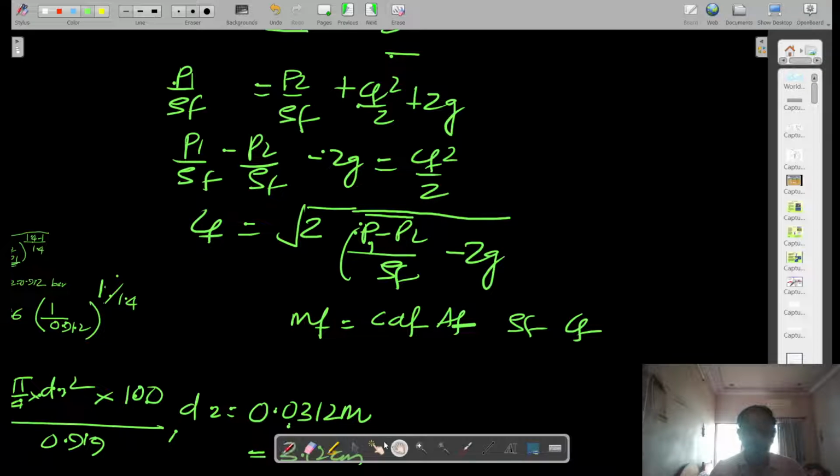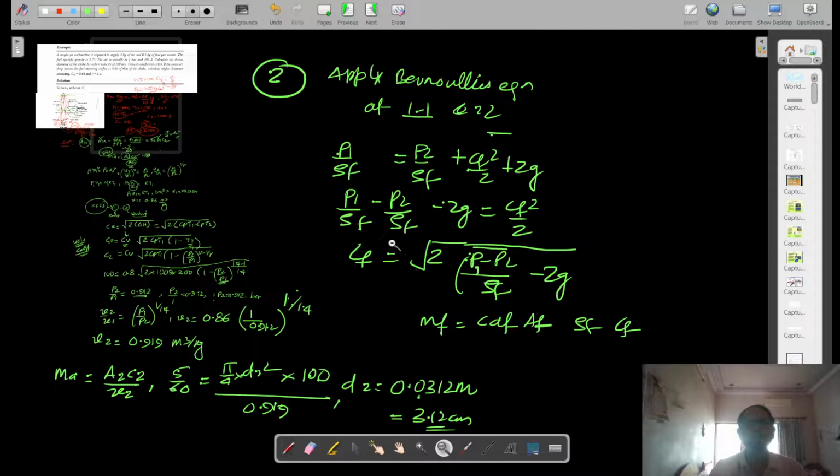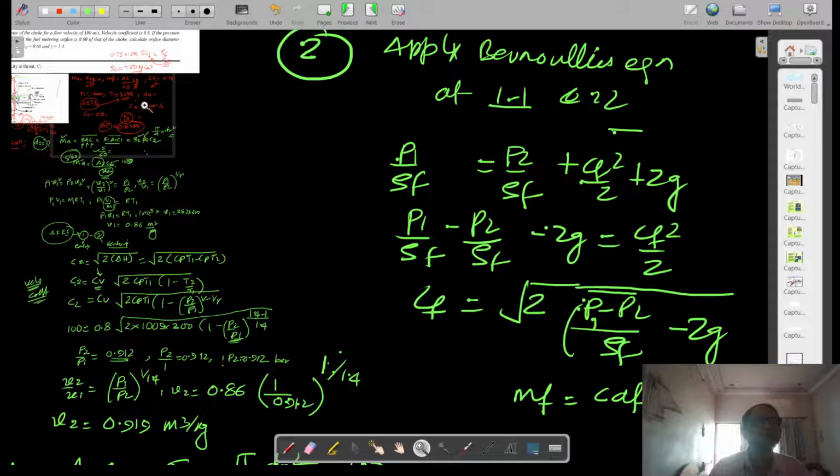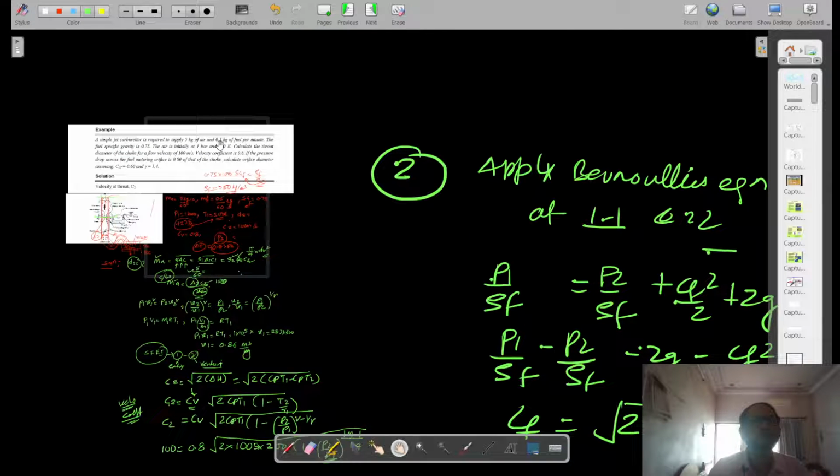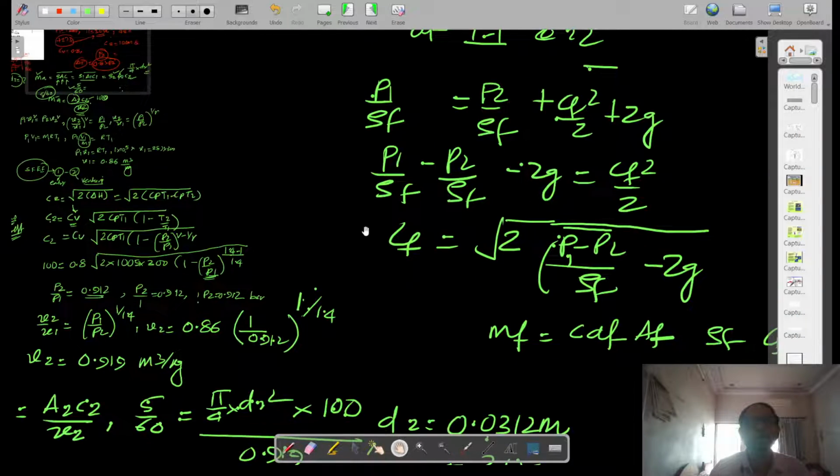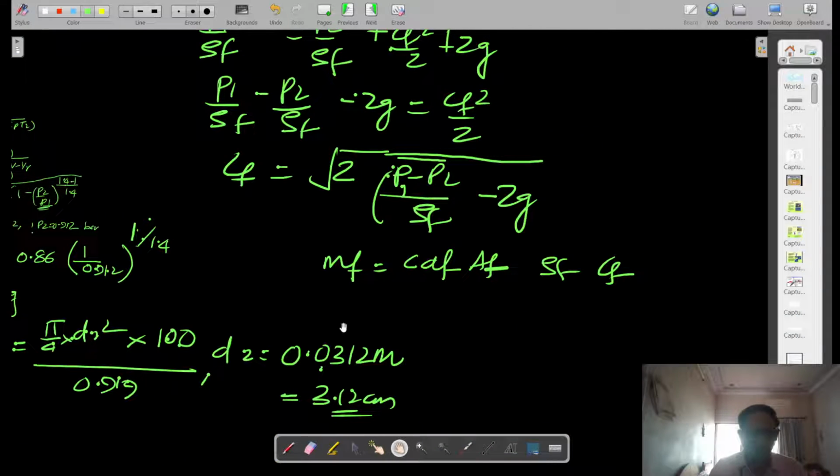The mass flow of the fuel is given as 0.5 kg per minute. So I can write mf as 0.5 by 60. This is the mass flow of the fuel.